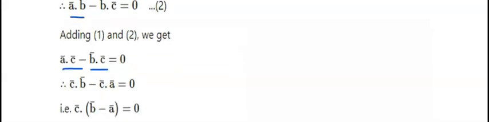Adjusting, C bar dot A bar minus C bar dot B bar equals 0, so taking C bar common, C bar dot (A bar minus B bar) equals 0. As a result, finally, we get OC bar dot AB bar equals 0. So the third pair OC and AB are perpendicular, and that is what we wanted to show.